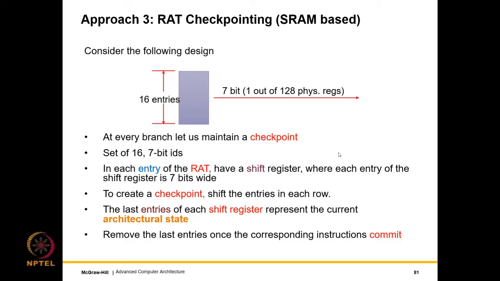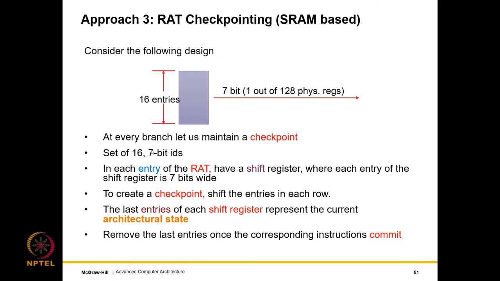So for every instruction we don't read or write a register at commit time, because that is the biggest disadvantage of the previous approaches, that whenever an instruction is committed we need to read something, we need to write something. This is not power efficient.